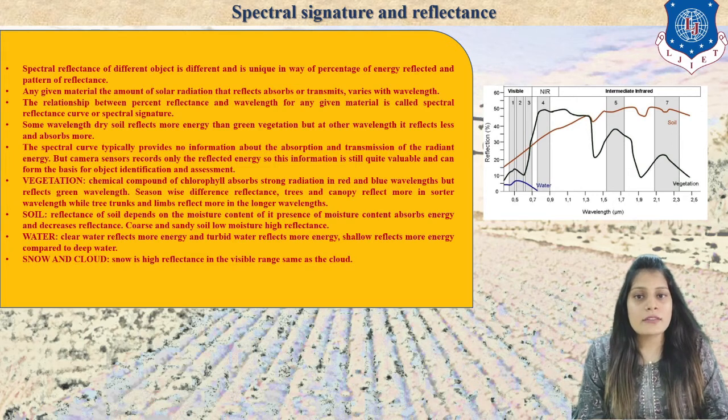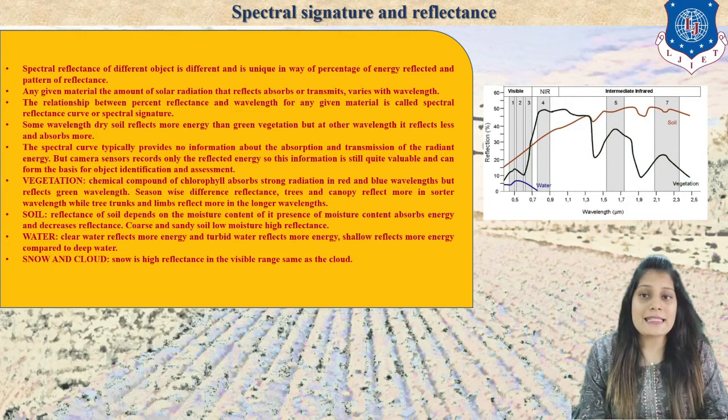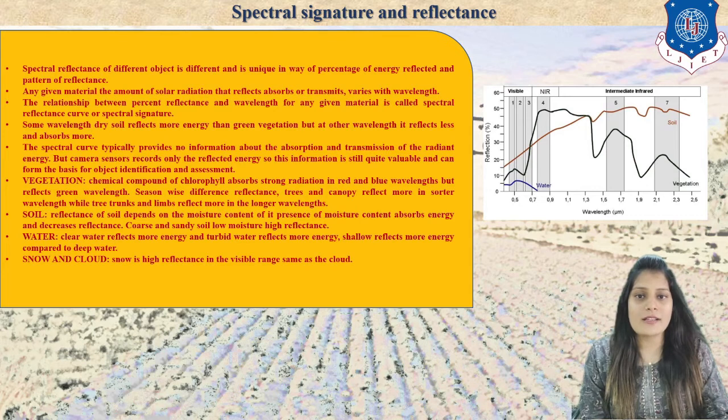So the definition of spectral reflectance curve indicates the relationship between the percentage reflectance and the wavelength of a given material, which is called spectral reflectance, or spectral signature, right? So whenever there is vegetation and it has a good amount of chlorophyll, it will fall in this range only. If it has less chlorophyll, then it falls in another range. This is the example I can give you, right?